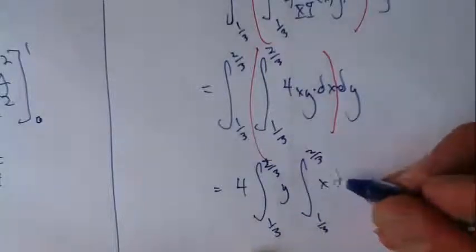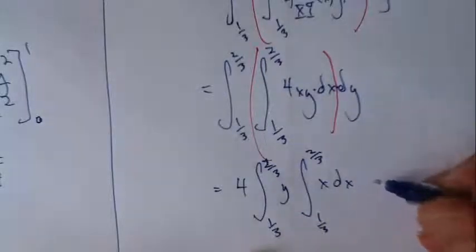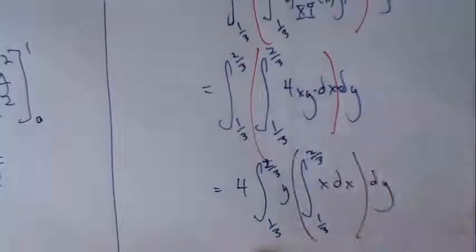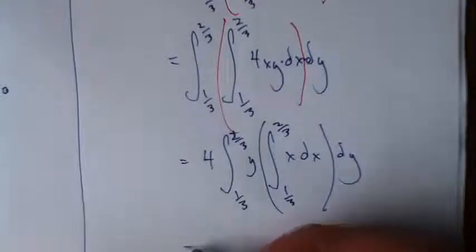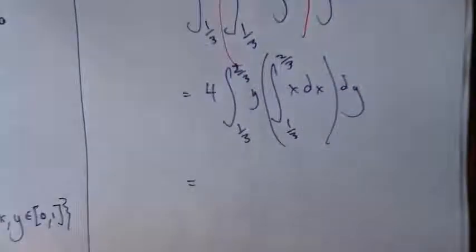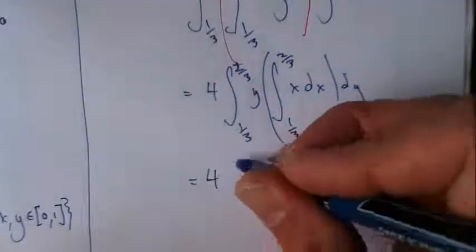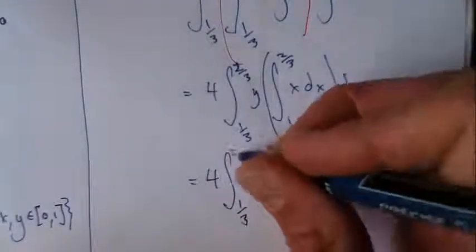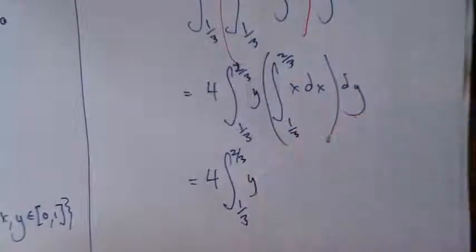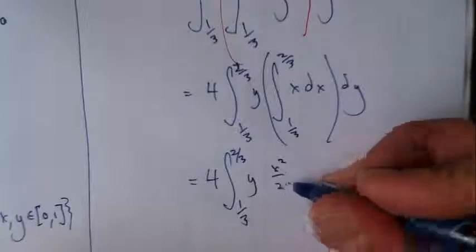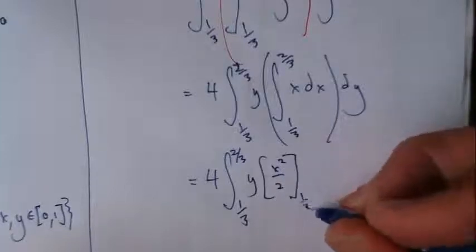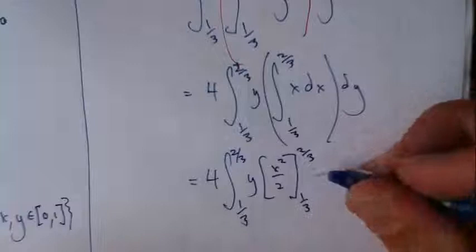And I just have x dx and all of that times dy. Okay, so this will be 4 times the integral from 1/3 to 2/3 of y times x squared over 2, from a third to 2/3, dy.